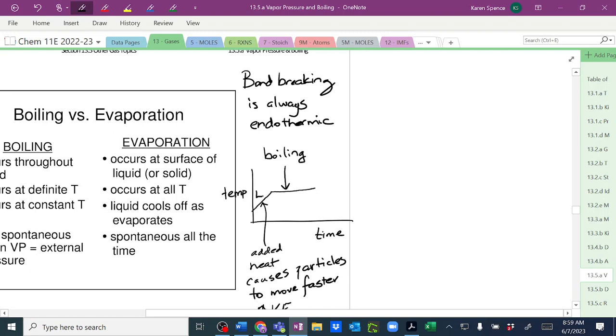This is the liquid plus a gas. The temperature stays the same because the added energy breaks the bonds. That's a little preview of some of the summer assignment.